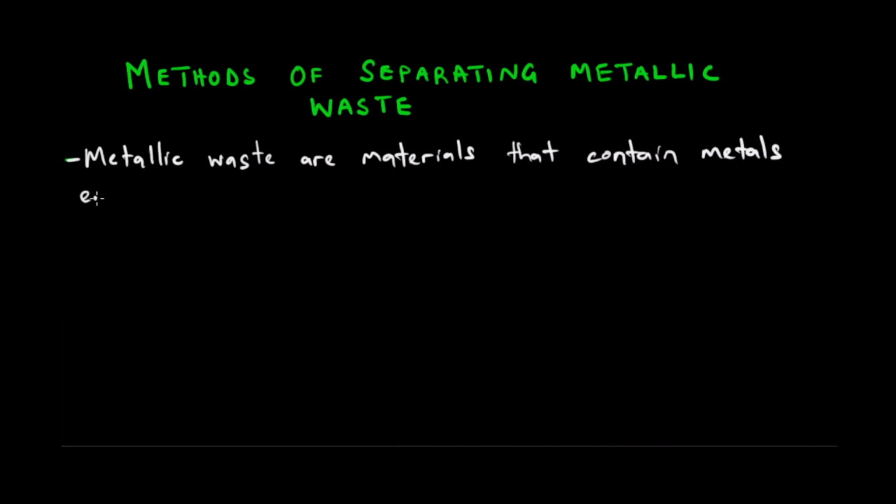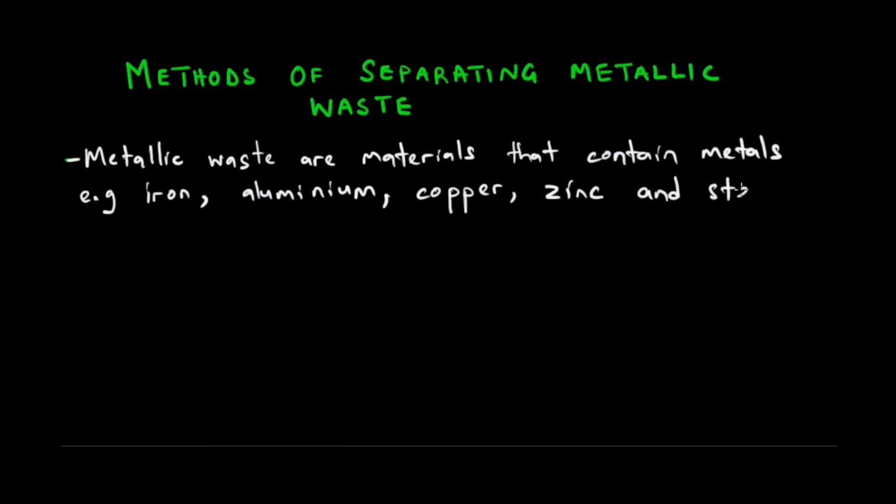And an example here is iron, aluminium, copper, zinc, and steel. And so if we have waste, but the waste contains metallic substances, then that is called metallic waste.